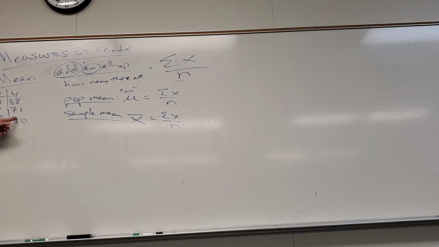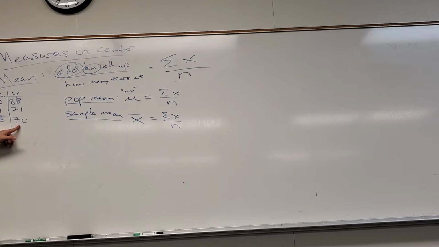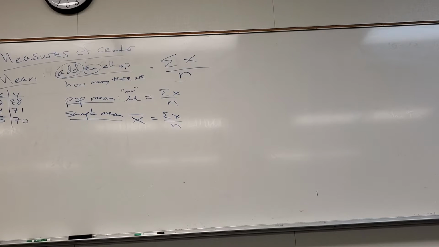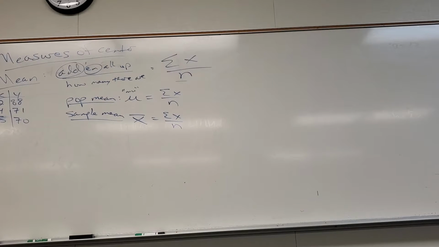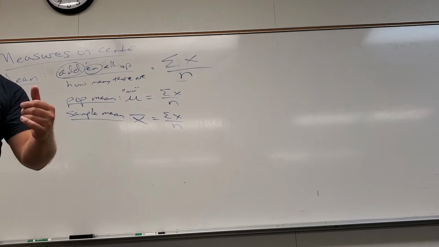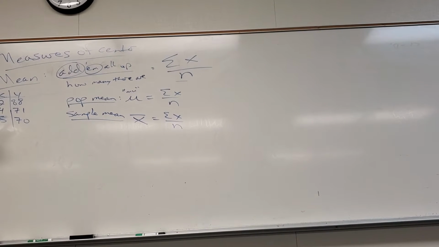If I wanted the average test grade from this sample, what would this symbol look like? Is it the X? No, because this is what variable? So it would be Y bar. Do you see how that works?